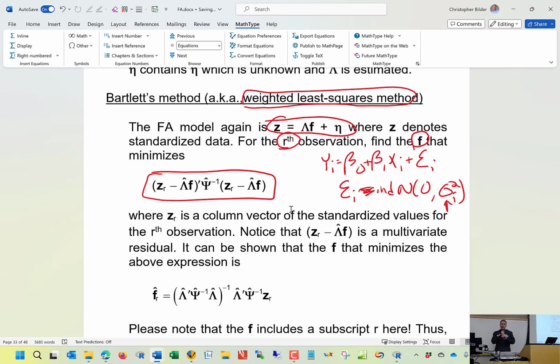So for your rth observation, take the standardized numerical values that you have and put them in a vector. Subtract off your lambda hat matrix times f. It doesn't matter if you're working with the Varimax rotation method or not. Here's my f that I'm trying to find. Then I have a psi hat inverse here. Does anyone remember what the psi hat matrix, or the psi matrix, is?